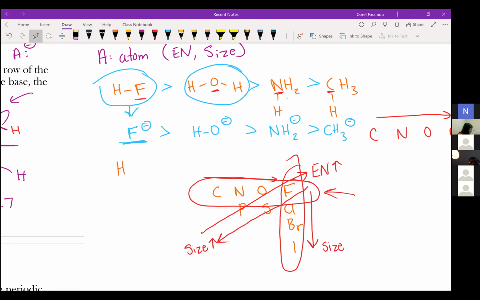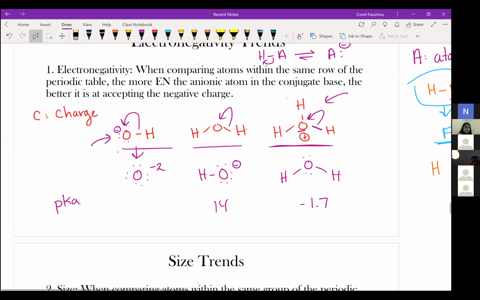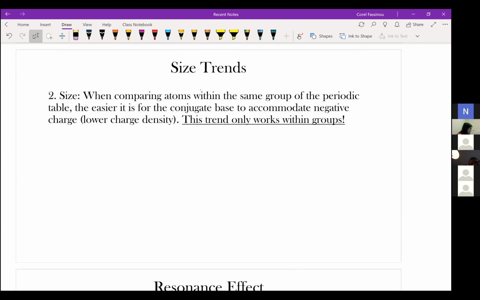The second part is size. When comparing atoms within the same group of the periodic table, the easier it is for the conjugate base to accommodate negative charge, the lower the charge density is going to be. And so as we go down the periodic table, your size is going to increase.